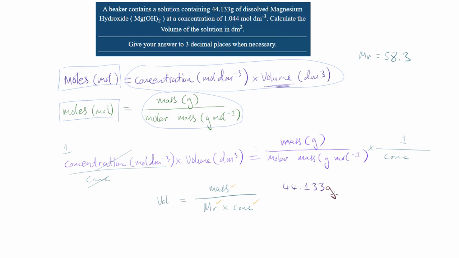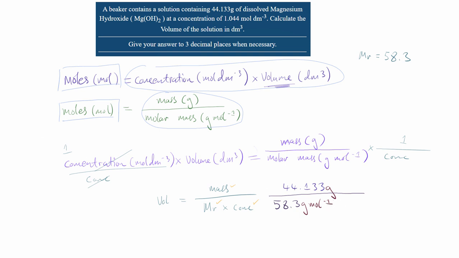I'll write the units in a different color for clarity purposes. Grams, and we're going to divide that by the MR, so that's 58.3, right? 58.3, and the units of that are going to be, as you can see here, grams per mole, right?